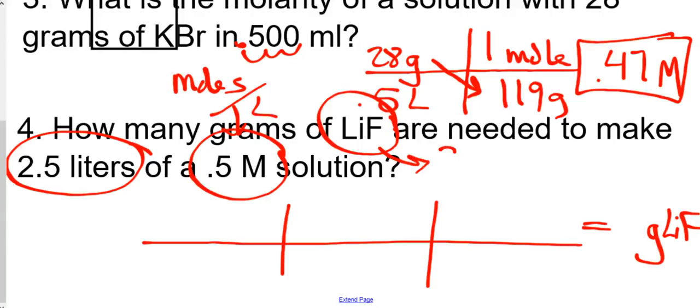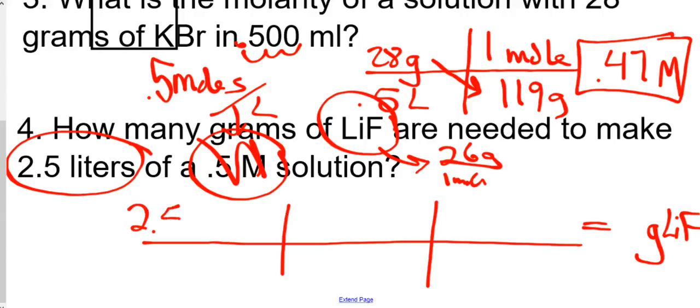No, we didn't. That's 24, 26, thank you. All right. So which one of these three numbers, because remember this one's that one. Wow, it's hard left-handed. Which one is alone? Meaning not in a fraction. 2.5 liters, right? So I put 2.5 liters right here.